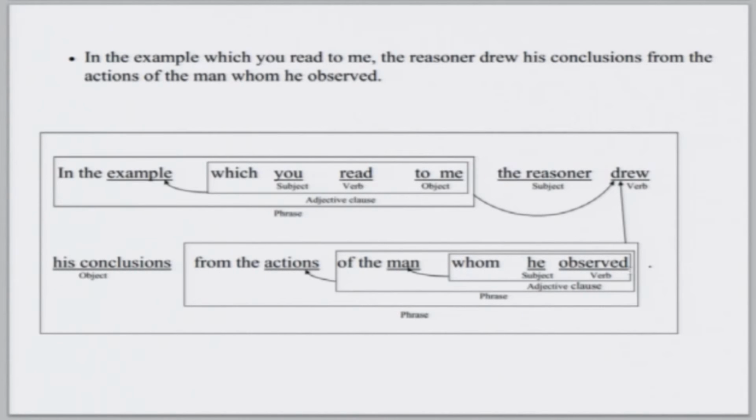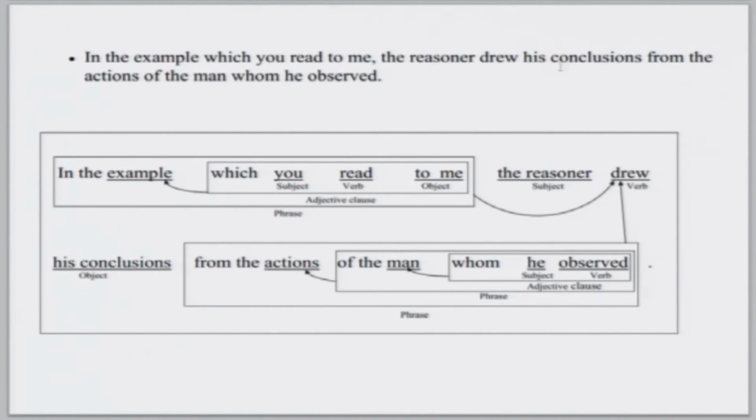In the example which you read to me, the reasoner drew his conclusions from the actions of the man whom he observed. First, throw away the parts which are not the actual thing. In the example which you read to me, who did anything?